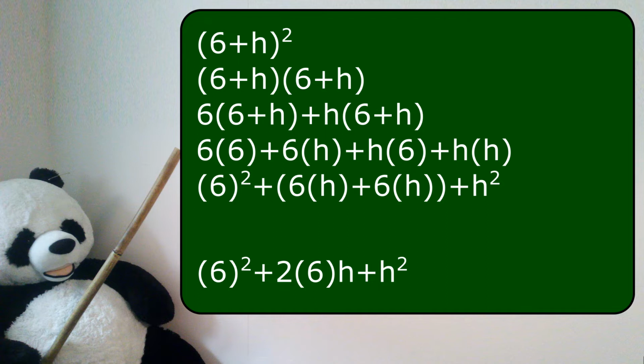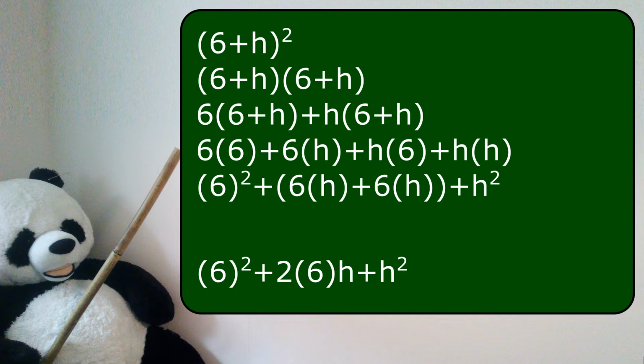So we've got 6 plus h squared, which is 6 plus h times 6 plus h. And then we can split that up into 6 times 6 plus h, plus h times 6 plus h. And now we multiply and wind up with 6 times 6 plus 6 times h plus h times 6 plus h times h.